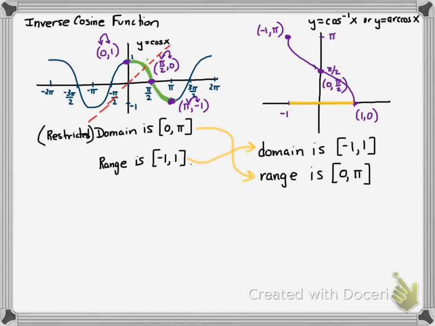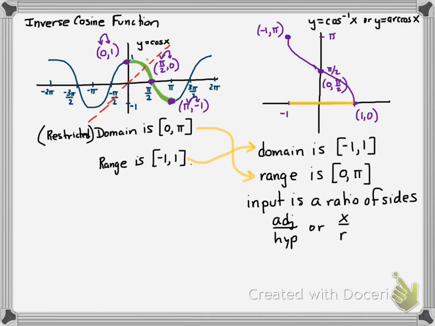The other important observations about this function are that the input into this function is a ratio of sides. In particular, the adjacent side over the hypotenuse, or if you are looking at an angle in the xy plane, you're thinking of x over r. And the output is an angle.